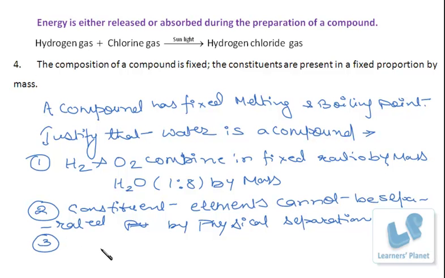Thirdly, water has a fixed boiling point and melting point. What is the boiling point of water? 100 degrees centigrade. The boiling point is affected by atmospheric pressure also, so you need to mention the pressure also. So at 1 atmospheric pressure.